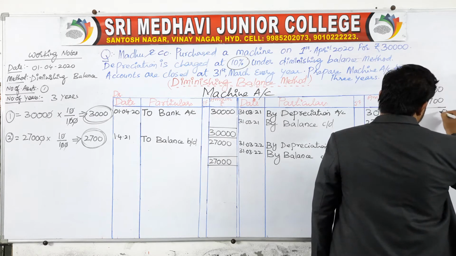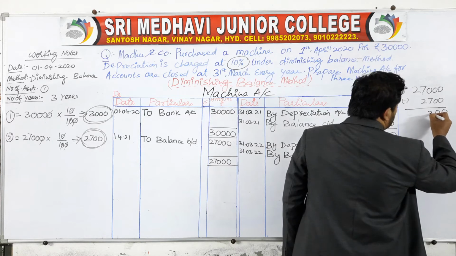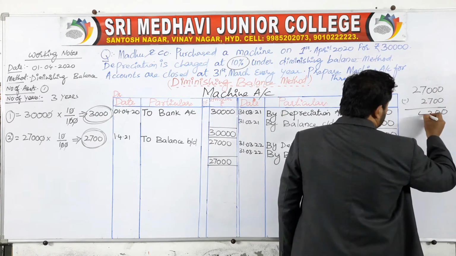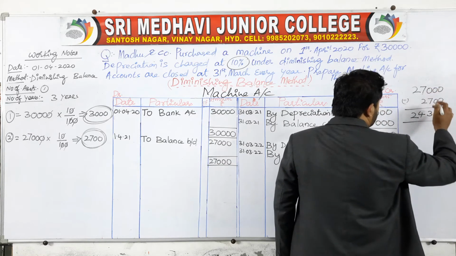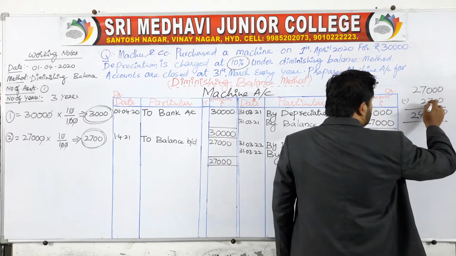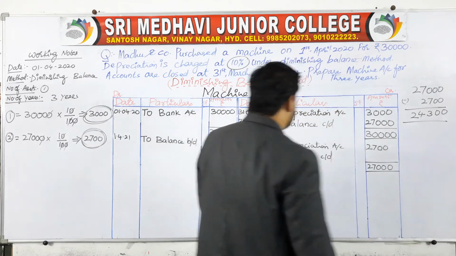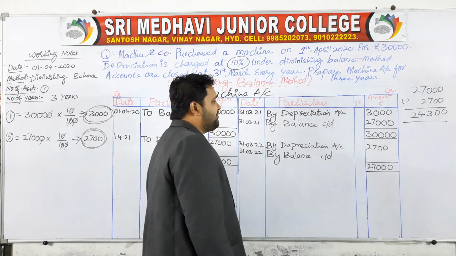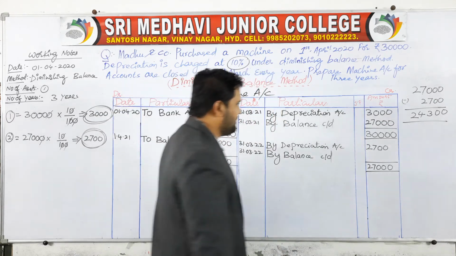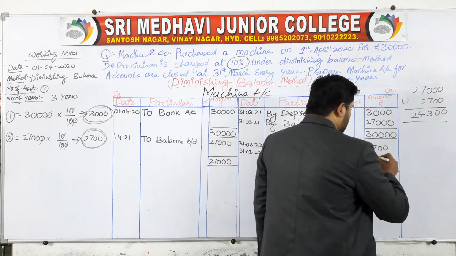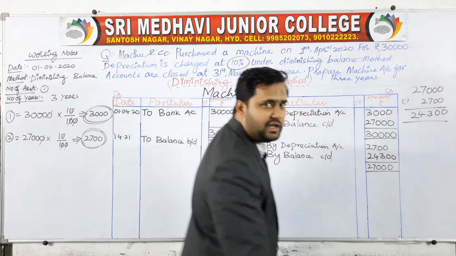So 0, 0, 10 minus 7, 3, 6 minus 2, 4, 2 minus nothing is 2. So the balance carried down after deducting 2,700 from 27,000 is 24,300.